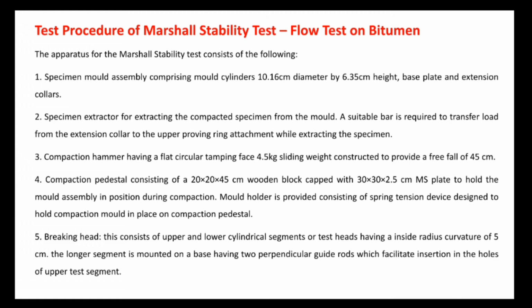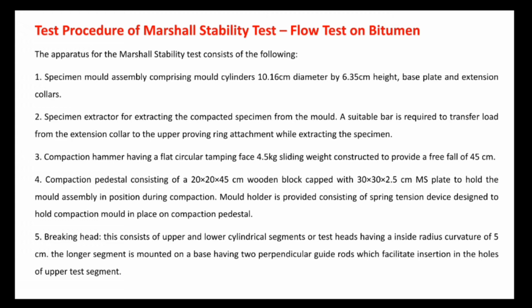And the mix is placed in the preheated mold and compacted by the hammer with 50 blows. The aggregate may be added to obtain a compacted thickness of 63.5 plus minus 3 mm size of the specimen.